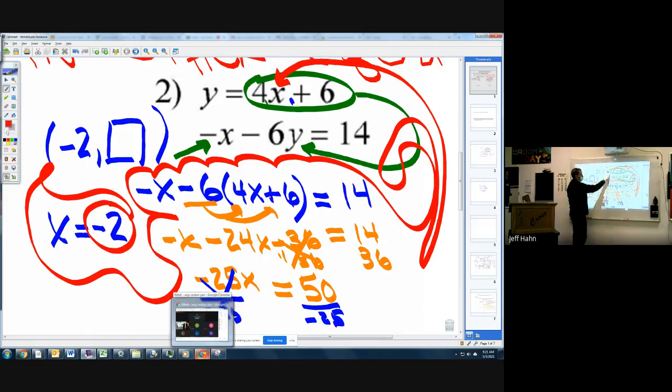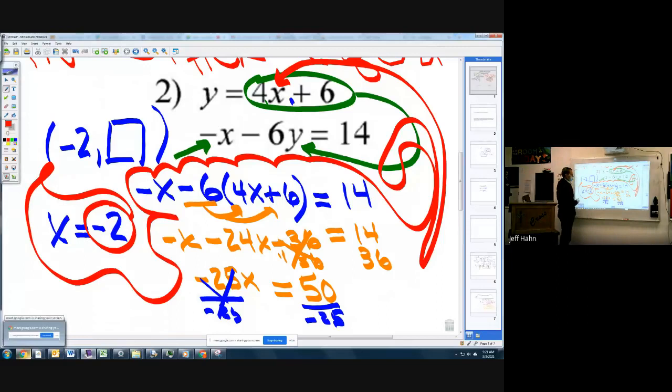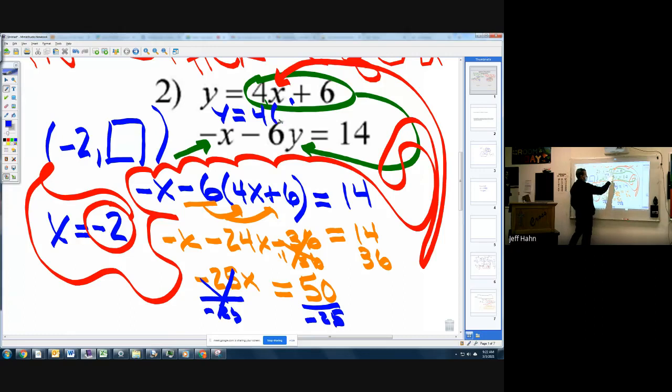I would pick this one because it's going to be the easier of the two to solve, which means this, y equals 4 times what x is, which I found out down here to be -2, plus 6.